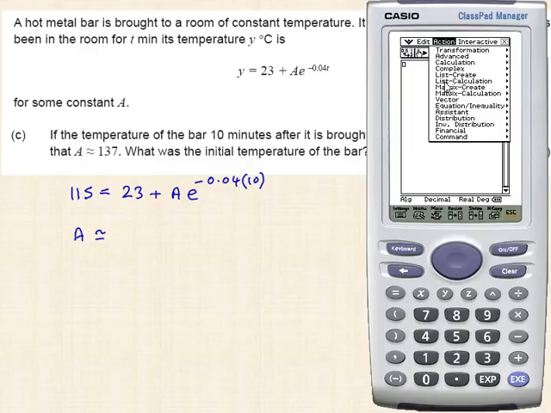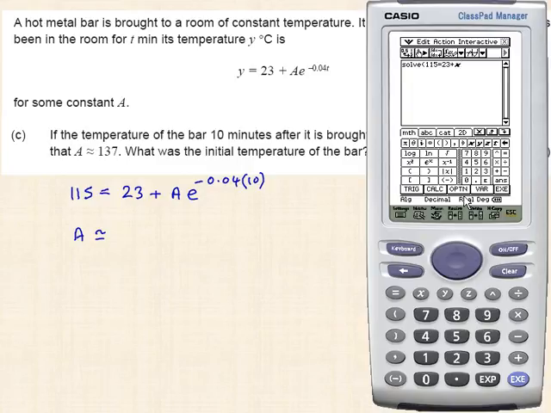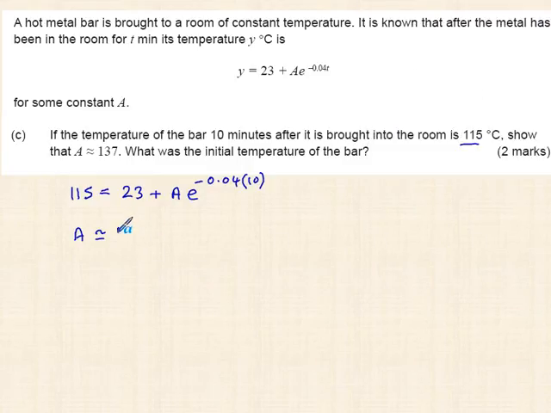So what we want to do is solve 115 is equal to 23 plus, let's call it x, and then we need e to the negative 0.04 times 10, and we'll just solve that and we get 137.24 and so on.